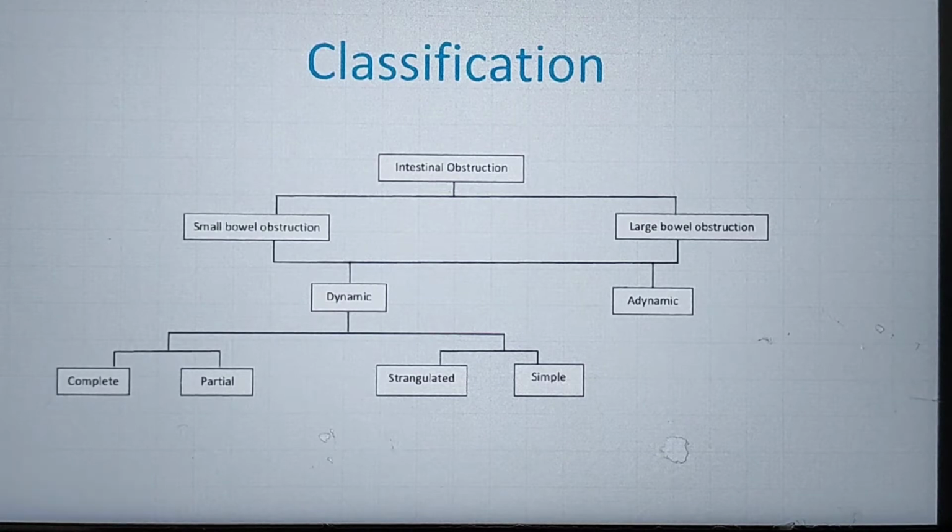And dynamic obstruction can be further divided into complete or partial obstruction, or strangulated or simple obstruction. We'll go through each type of intestinal obstruction afterwards.